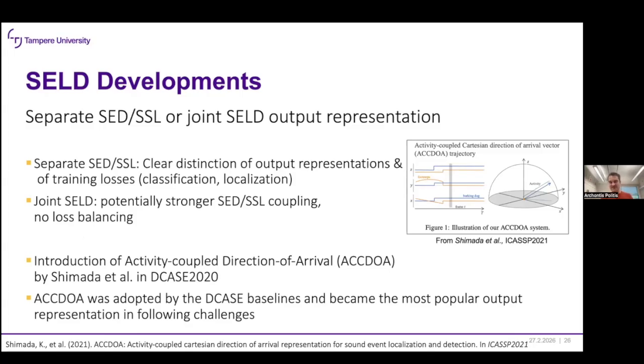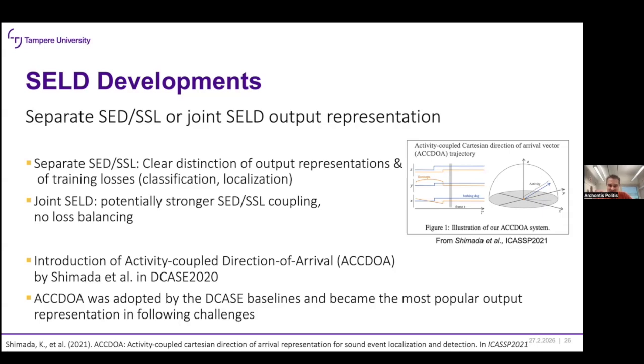However, there was this idea that some kind of joint SELD output representation may have some benefits, provide stronger coupling between the sound event detection and the source localization, and you don't need any loss balancing. So one such solution was proposed by Shimada and the team from Sony in 2020, where they introduced this activity-coupled direction of arrival.